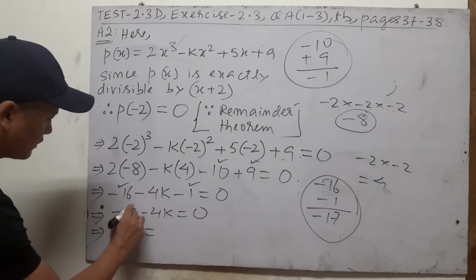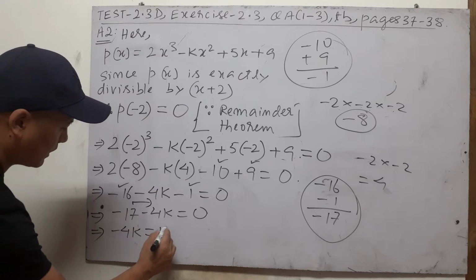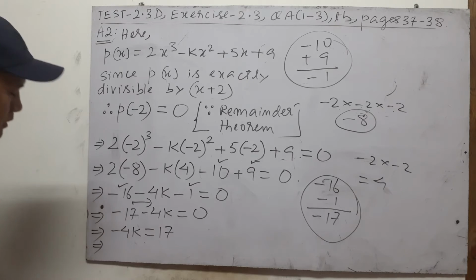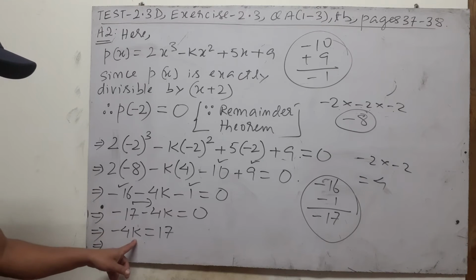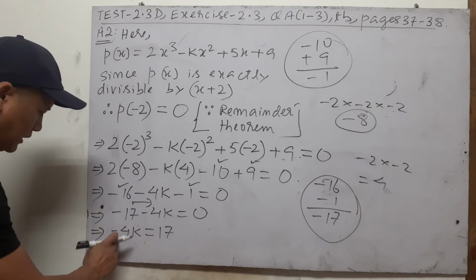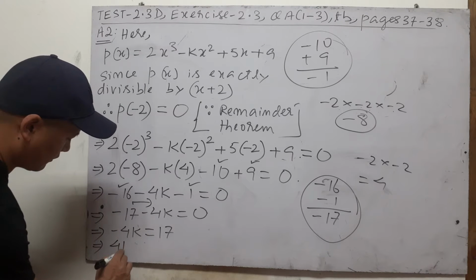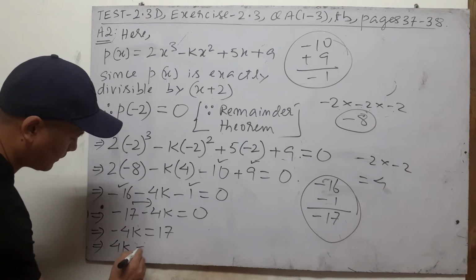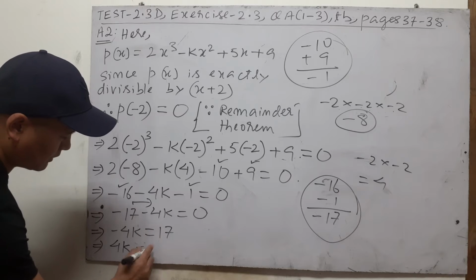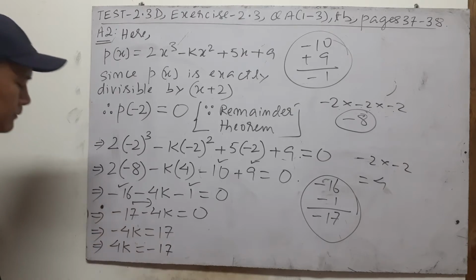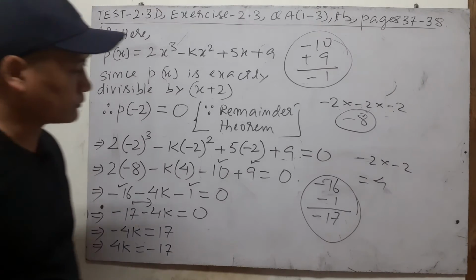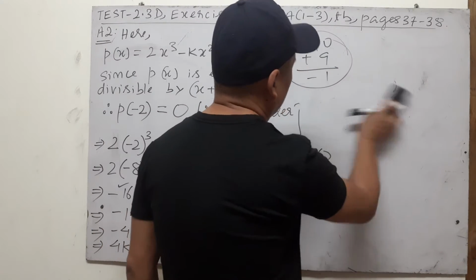Just keep the minus 4k and shift this minus 17 to the right side, it becomes plus 17. We don't want to keep k negative on the left side, so we want to change it to plus. That's more convenient. If you change minus 4k to plus, the other sign will change too, so plus 17 becomes minus 17. Just follow closely, it's quite easy.